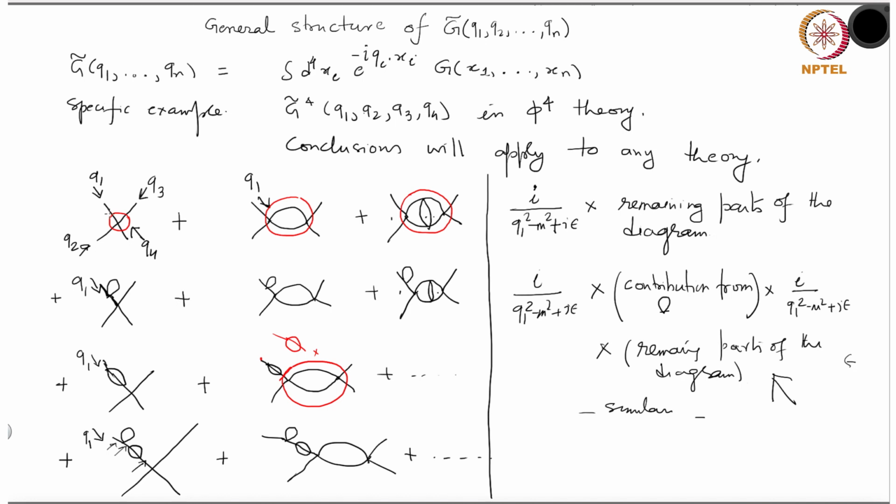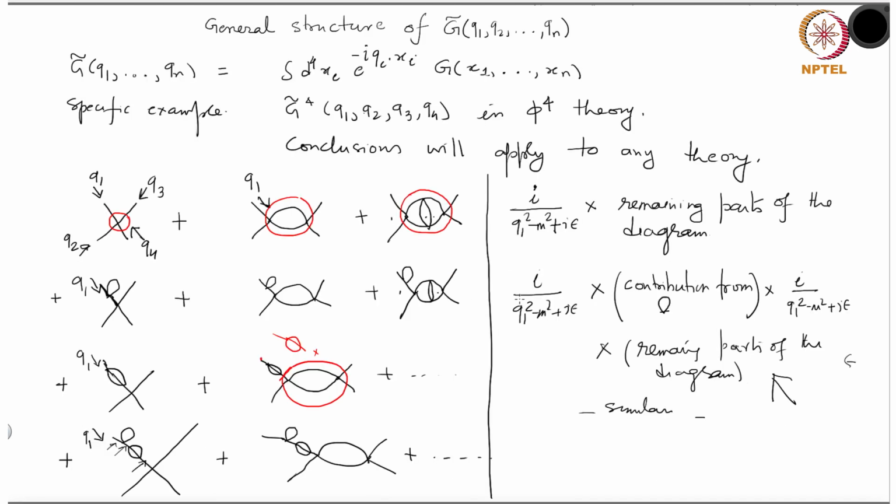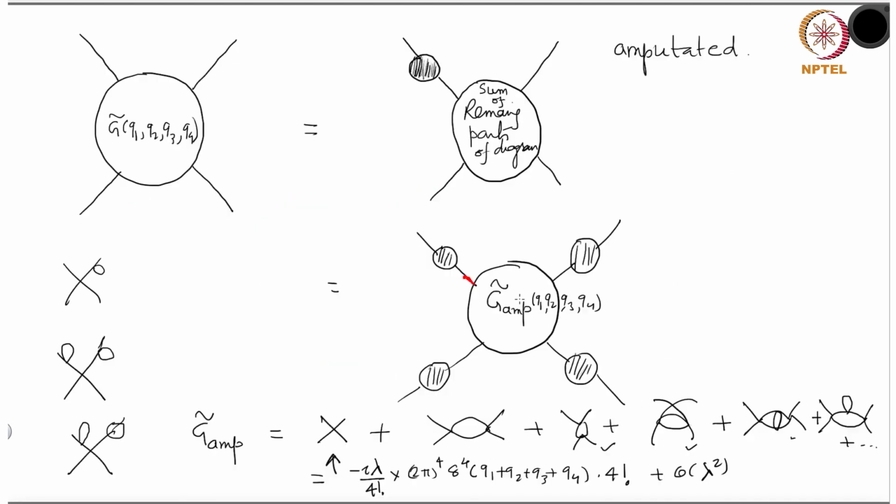And once I have written it as a product of limbs, where this limb, for example, is giving 1 over q square minus mp square, similarly these ones, where should I include the 4 factorial factor? So that I am including in the amputated Green's function, G tilde amp, and not in the external lines. Okay, because that will not be convenient. So those factors are in here.